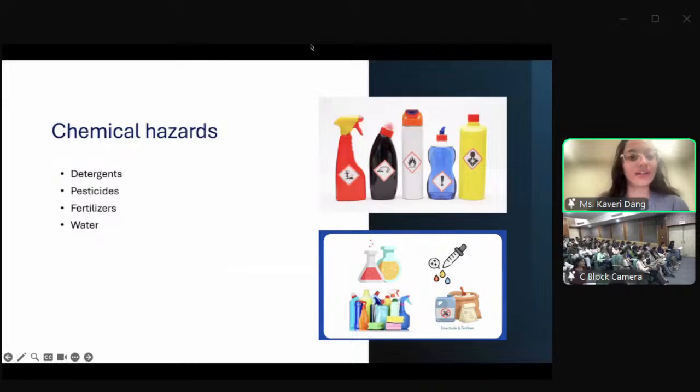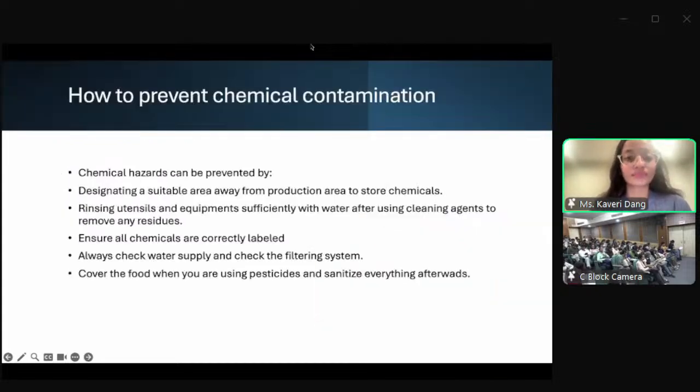Next one is chemical hazards. Now, chemical hazards include detergents, pesticides, fertilizers, and even water. So, how would we prevent these chemical contaminants? Chemical contamination or chemical hazards can be prevented by designating a suitable area which is away from production area to store chemicals.